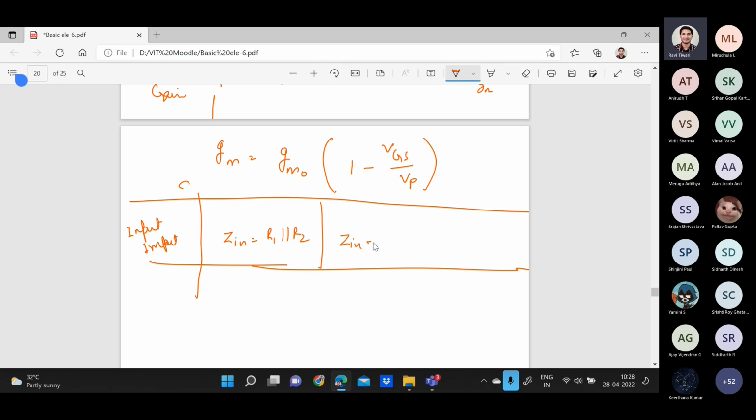In the source follower case, Zin will be RS parallel with 1 by GM. Similarly, the output impedance in this circuit will be Zout equal to RD. In the other case, Zout will be equal to RS parallel with 1 by GM.